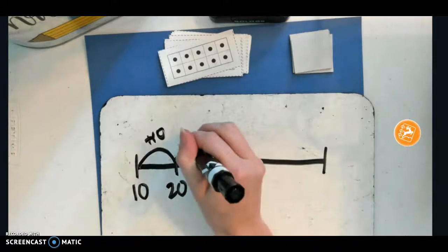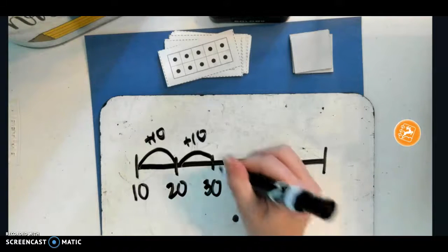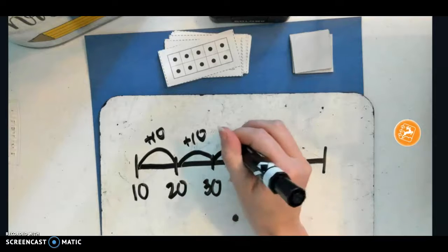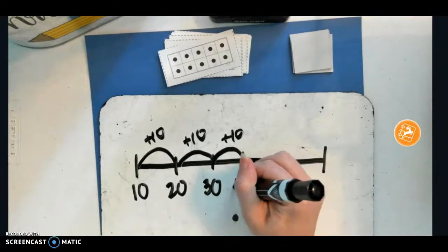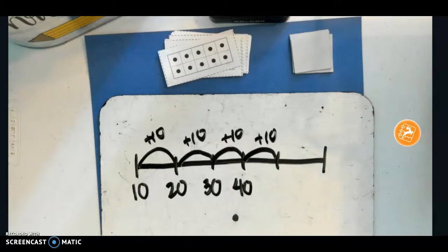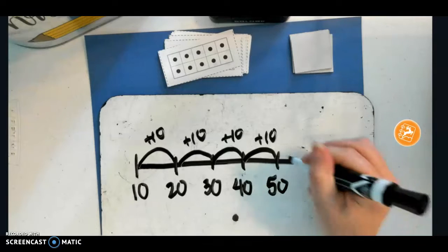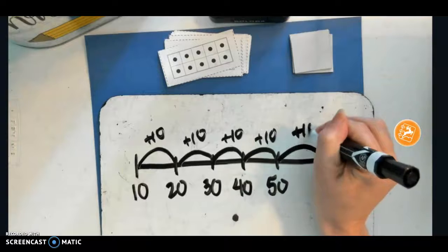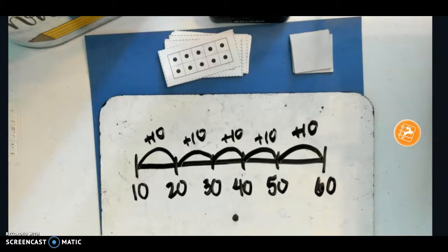If we make another hop of 10, that would land us on 30. Look, that's where our other number line ended, but we can keep going, can't we? We can make another hop of 10, and that would land us on 40. Another hop of 10 would land us on 50. And I think I only have room on this number line for one more hop of 10, which would land us on 60. But you see, you keep going and going to infinity and beyond.